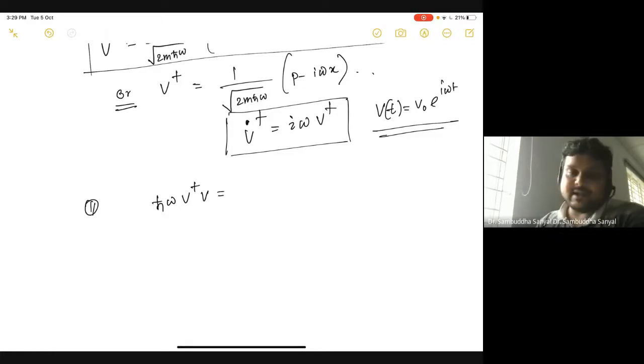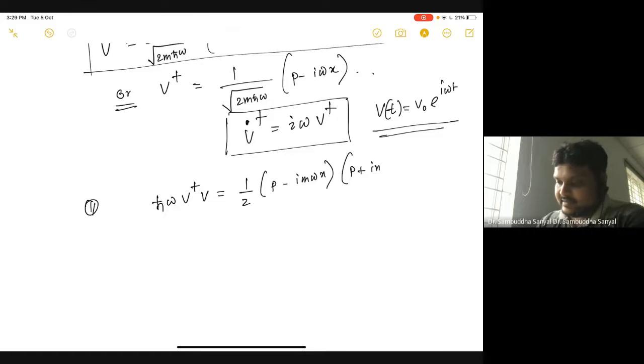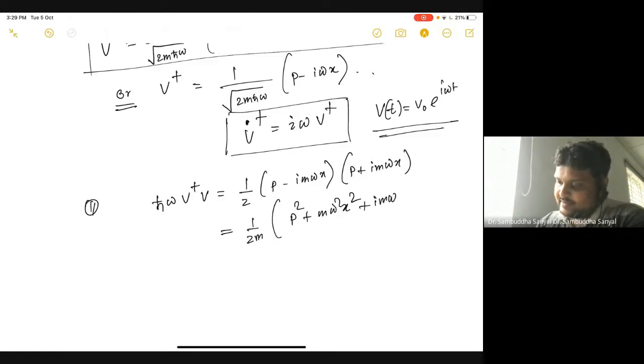So h cut omega, let's see what this quantity h cut omega b dagger b is. You will see that this quantity is nothing but (e^(-i m omega x)) (e^(+i m omega x)), which is p squared by 2m plus m omega squared x squared plus i m omega (px minus xp).